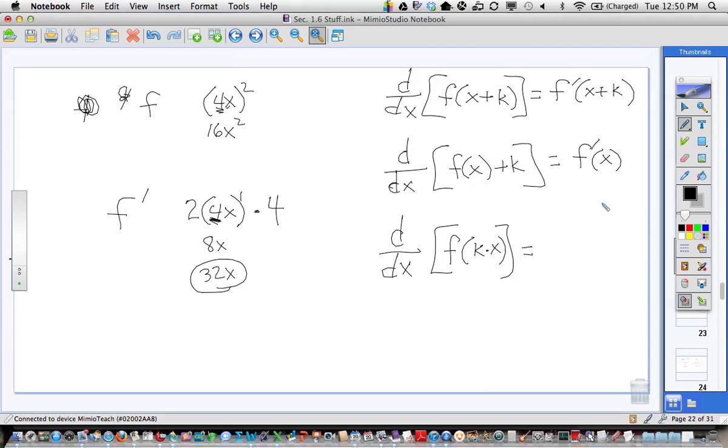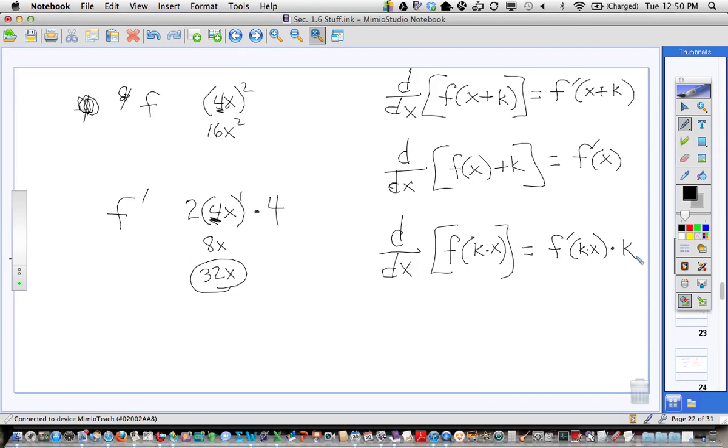So the rule is this. If we have f with a constant multiplied on the inside, we can do the original derivative. We keep the kx in there, and we have to multiply by the k on the outside. We have to kick out that k because it does 2 different things. It compresses and changes where the slopes are, and makes them steeper.